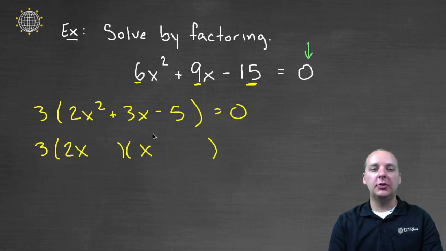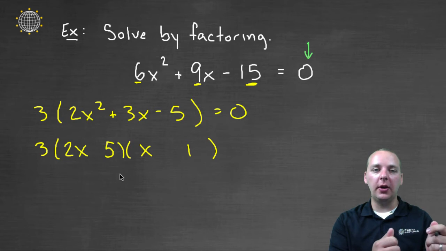So let's try plugging in a 5 and a 1. I think if I put a 1 and a 5, that wouldn't work, because you get 2x squared, then you get 10x for the outer and x for the inner. That can't add to 3x. So let me switch the 5 and the 1. How about a 5 and a 1. So now if we FOILed, we get 2x squared.